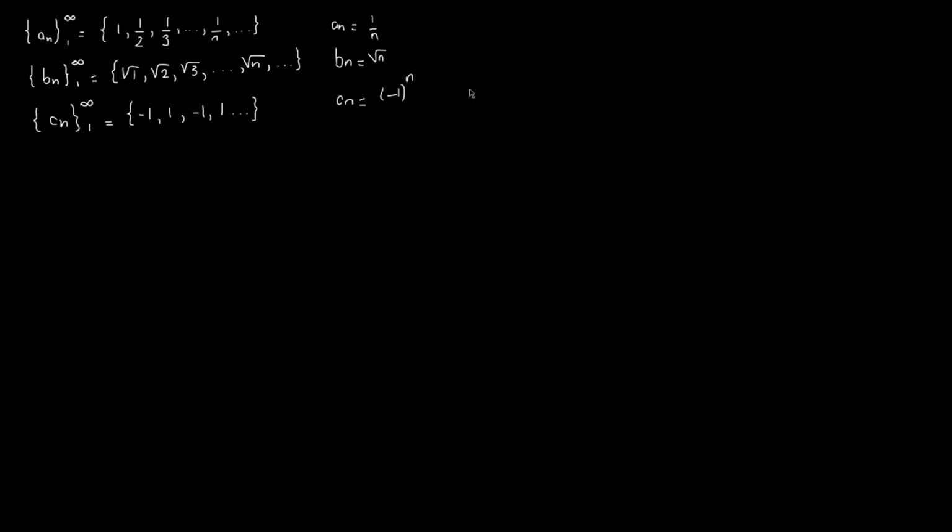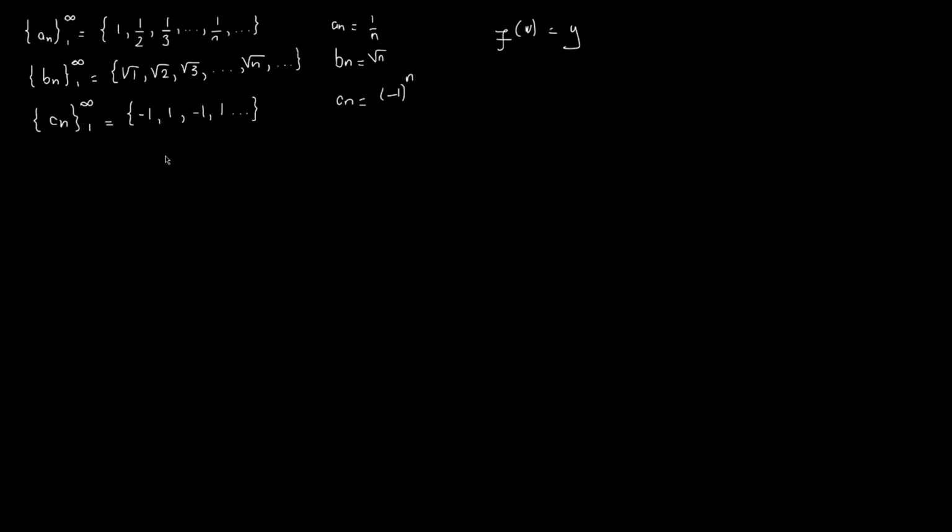For those of you who don't know, these are called sequences. They're basically just a list of numbers that follow some sort of rule. To make it easier, you can also imagine a sequence as a function f of x, where you input something as x, you get the output.